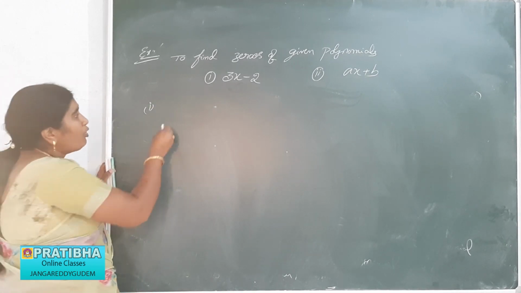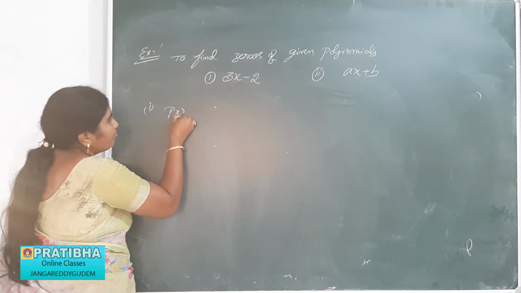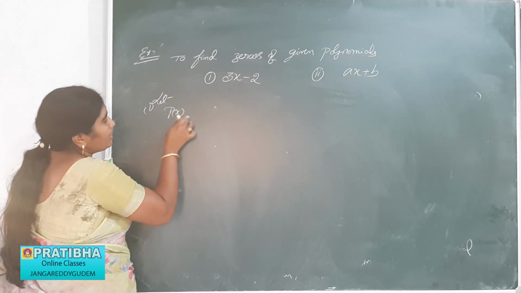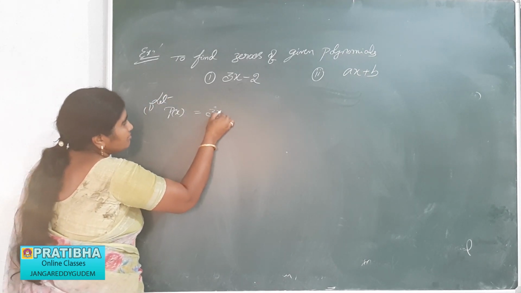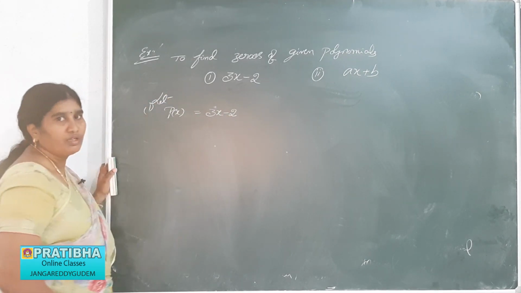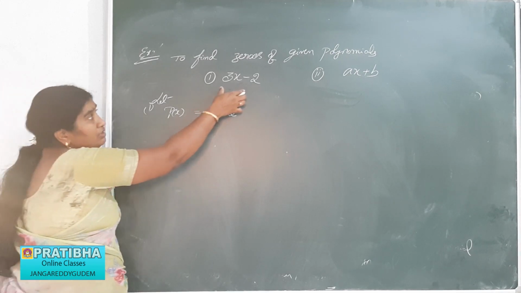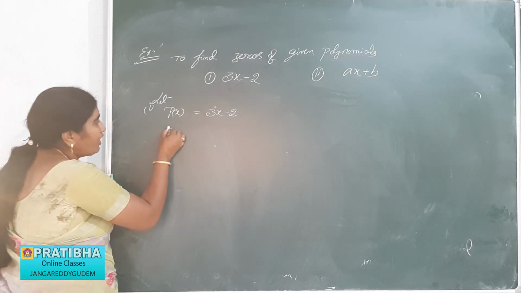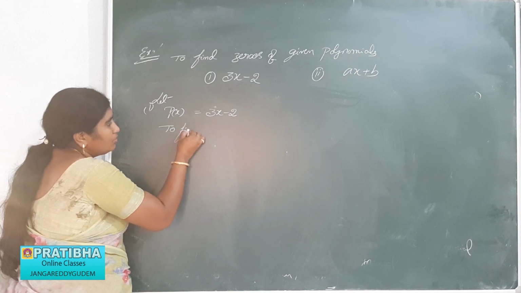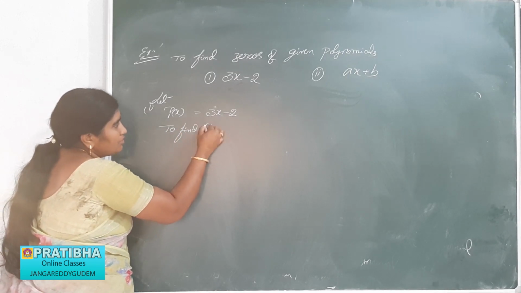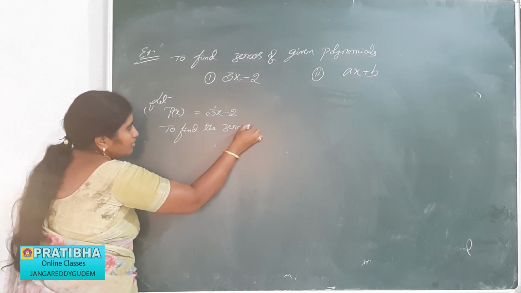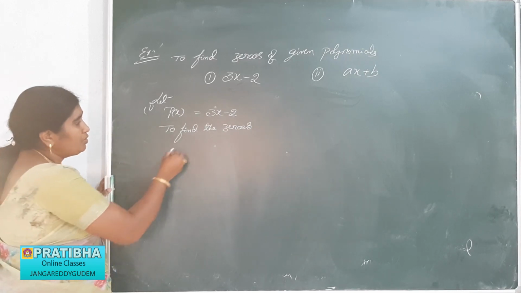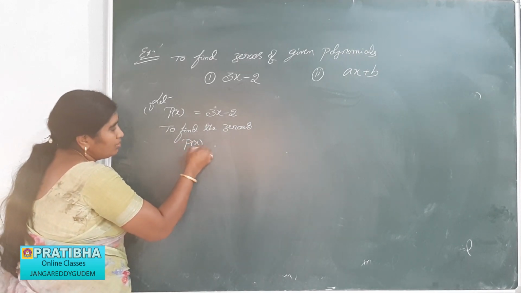First one, let the given polynomial p of x equal to 3x minus 2. To find the zeros, p of x equal to 0.